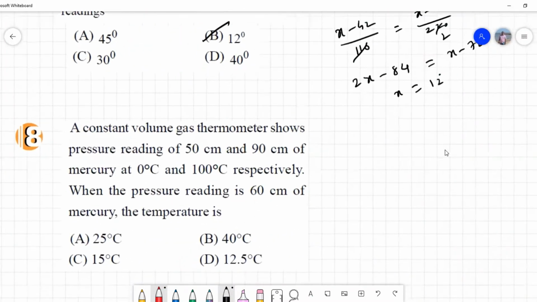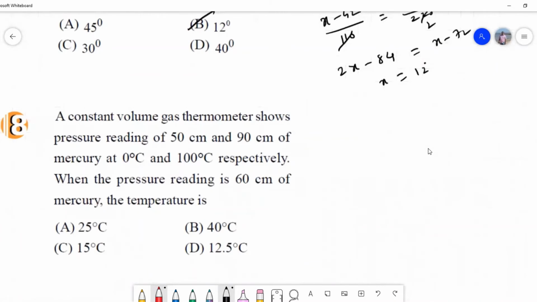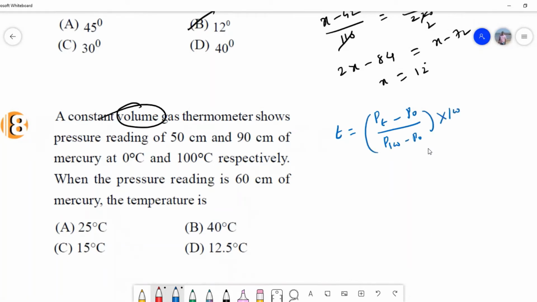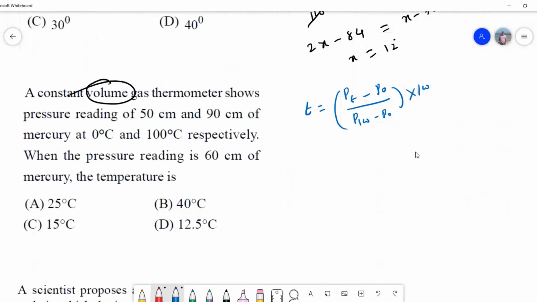Now let's move on to question number 8. At constant volume, when the volume is constant, the variable is pressure. So for a constant volume gas thermometer, the temperature is given by Pt minus P naught by P100 minus P naught into 100, where Pt is the pressure at T degrees centigrade, P naught is the pressure at 0, and P100 is the pressure at 100. The values are given.